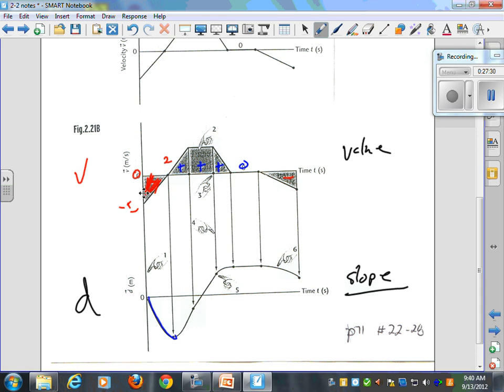How do I mark displacement on a DT graph? It would just be the value, right? So if I was at -5 and 2, then that point there would be -10. That would line up with that one. Do I care about that in this situation? How do you know I don't care about that? Because there are no values on the graph. I'm only concerned with the shape, so don't worry about that.